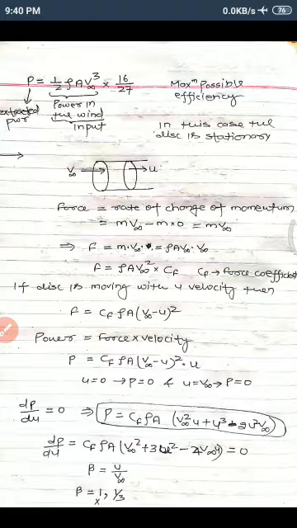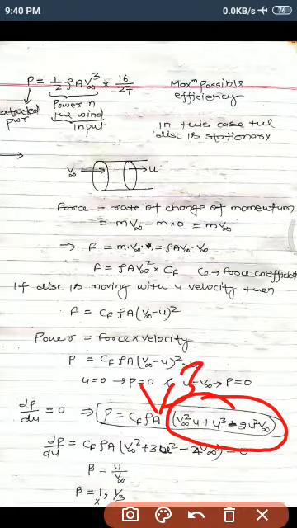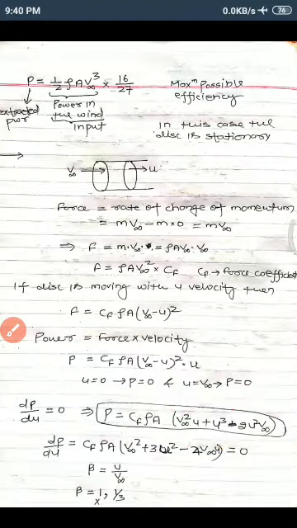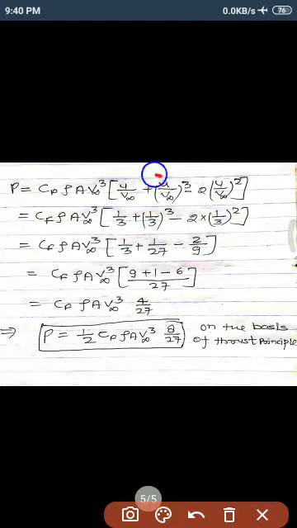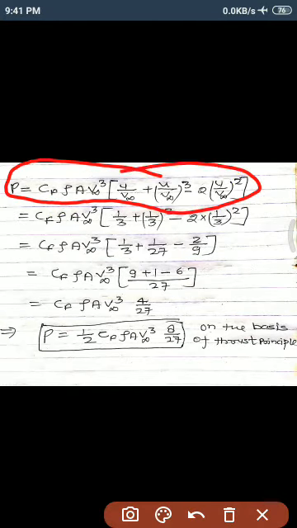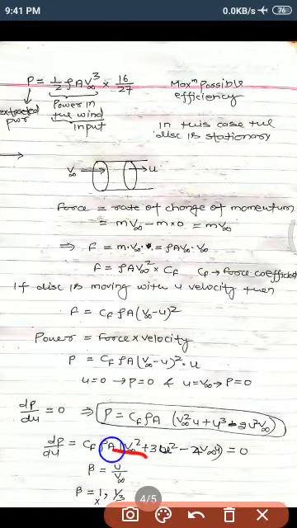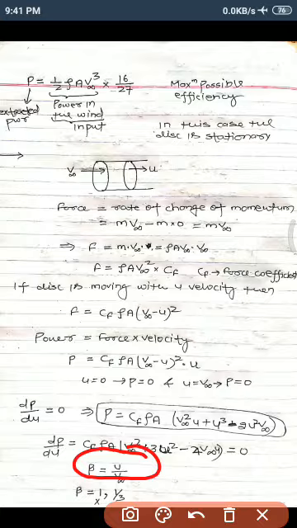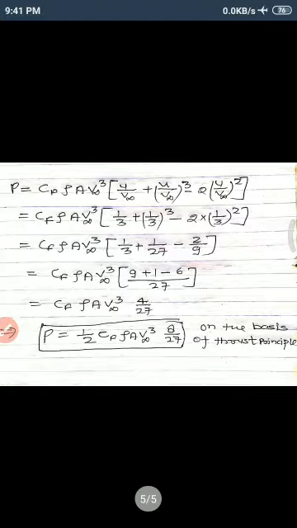To calculate it, we take V³ common out of the bracket in this equation, and we take u/V∞ equal to beta, and calculate the value of beta for maximum power.